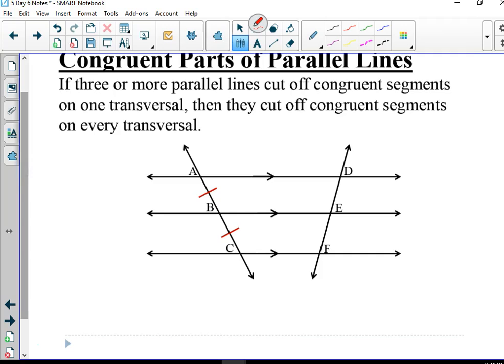Now, if 3 or more parallel lines cut off congruent segments on one transversal, then the other ones are also congruent. So we know this is the case. Now, they can all be 1, but they have to be coming at the same angle. And I want to show you why.